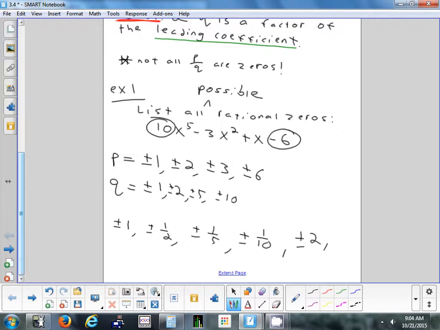How about 2 over 2? Do I already have that one? Yeah, we already listed that one. 2 over 5, did we list that? Nope. How about 2 over 10? Yes, we already listed that. Okay, so we don't need to list 2/10 because it's the same as 1/5.